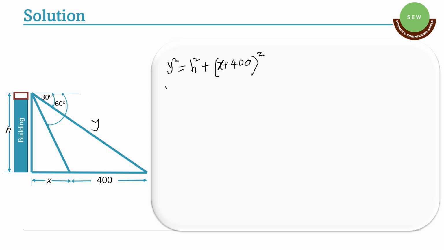Now h is x square root of 3 and y is 400 square root of 3.